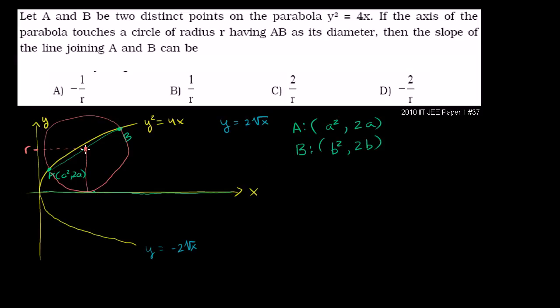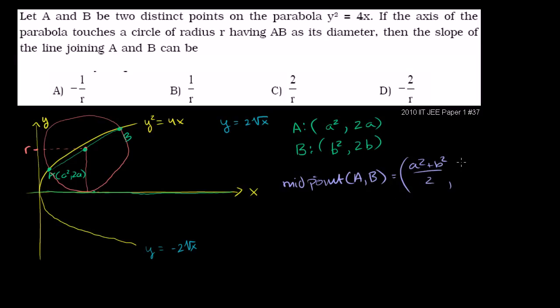So B is (b squared, 2b). Now, let's get the coordinates for the center of that diameter. The center of that diameter is just the midpoint of this point and that point. So the midpoint of the points A and B is going to be equal to the average of the x values, a squared plus b squared over 2, and the average of the y values.